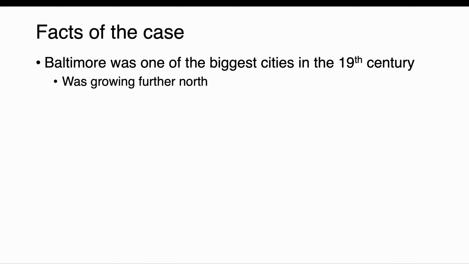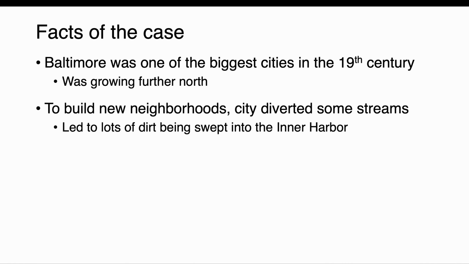And because there was so much activity going through the port, the city itself was bursting at the seams, and it was growing further and further north. And believe it or not, the old border of the city of Baltimore used to be North Avenue. Now we consider North Avenue in the middle of the city. The city grew, and they had to redraw the borders because so many people wanted to live in the city. So people moved further and further north, even beyond North Avenue.